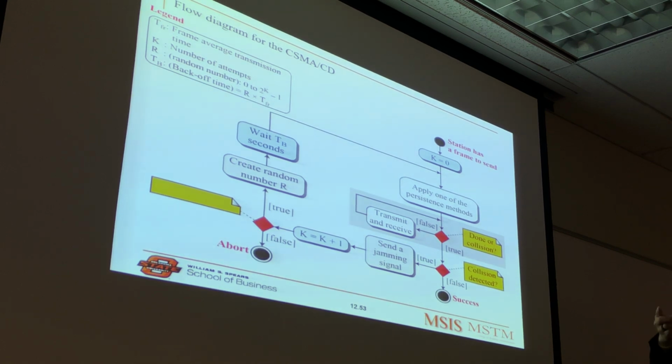Wait and retransmit. Just repeat up to some number limit, and after that many trials, if you still could not transmit successfully, you just give up and display some error message or something. So that's the basic approach in CSMA-CD.